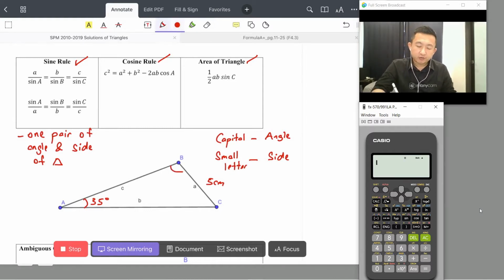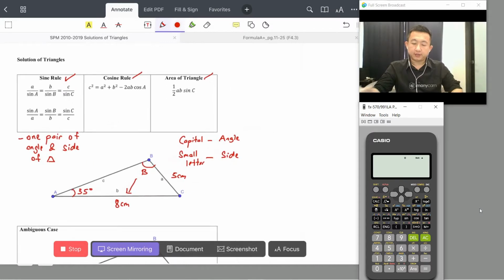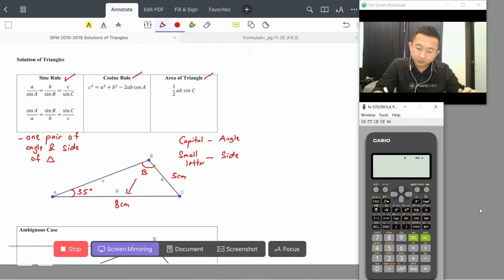And you're required to find the angle B, and you know that side b is x cm. Can we use the sine rule to find the angle B? Yes. So we will have sine B over which side? x cm, equals to the other pair, sine 35 over 5.